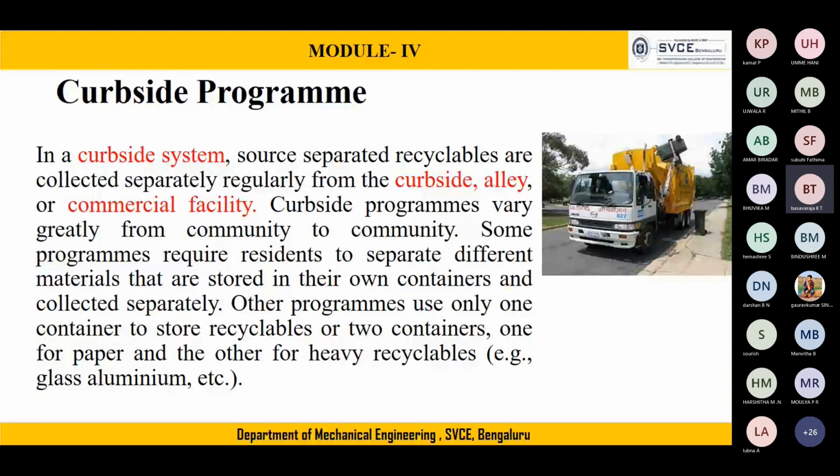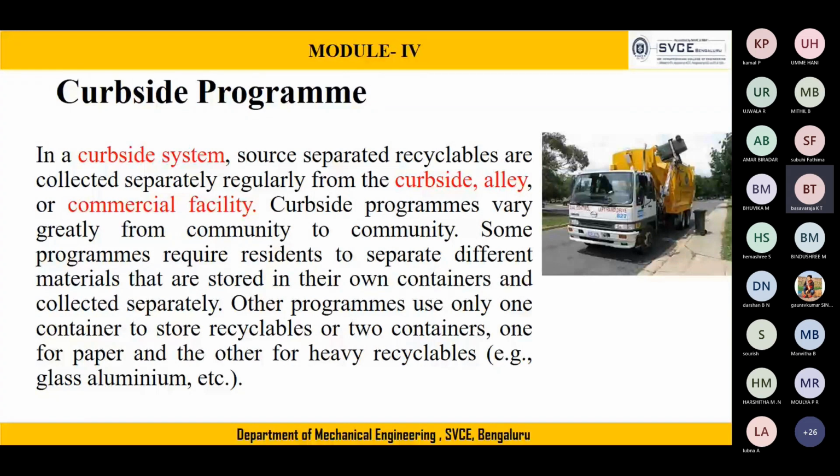It's not specifically a dustbin, it is a bin for waste management. These bins are separate, used for different types of waste like plastic waste, wet waste, dry waste or wood waste.